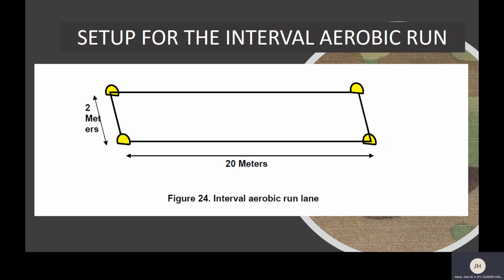All right, when you are setting up for your interval aerobic run, you need the interval aerobic run audio, a digital stopwatch, 10 field cones, and 1 speaker. It must be set up in a 10-meter by 2-meter lane. That's pretty much it for the aerobic run.